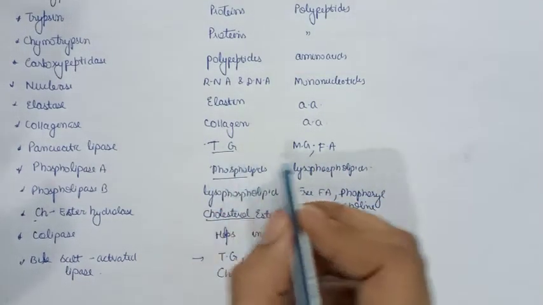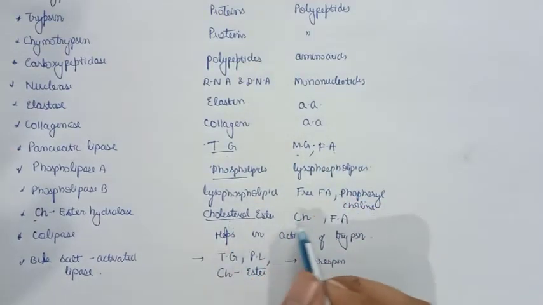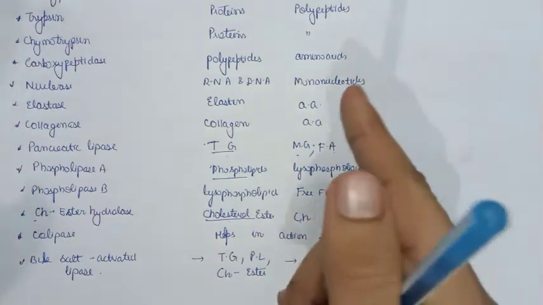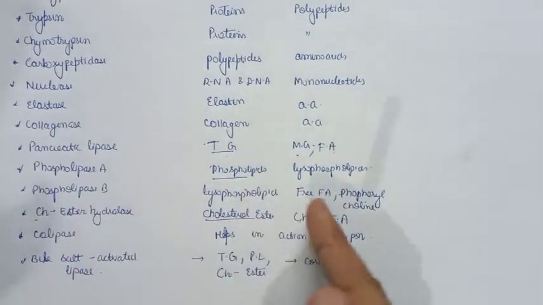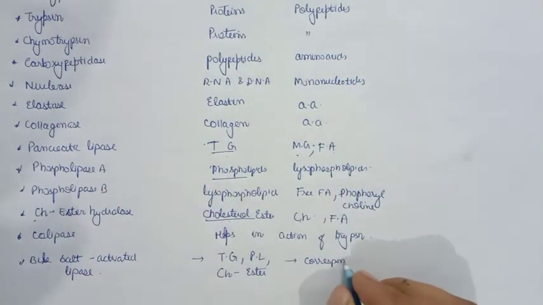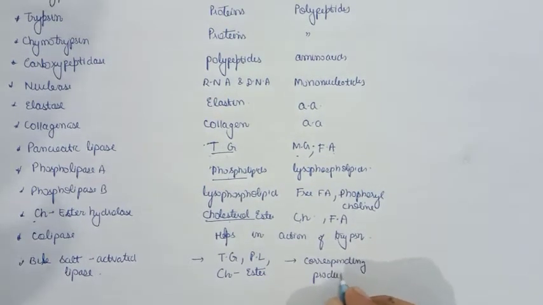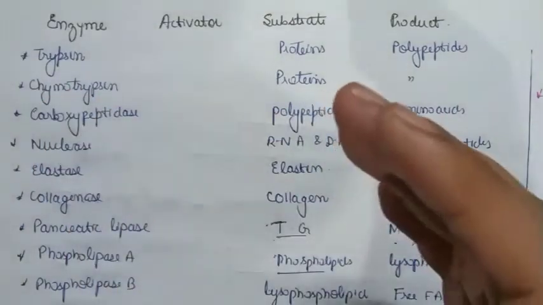Triglyceride will convert into monoglyceride and fatty acid, cholesterol ester into cholesterol and fatty acid, and phospholipids into lysophospholipids, which will be acted upon by phospholipase B and converted finally into free fatty acid and corresponding products. We have discussed the enzyme, the substrate and the product.